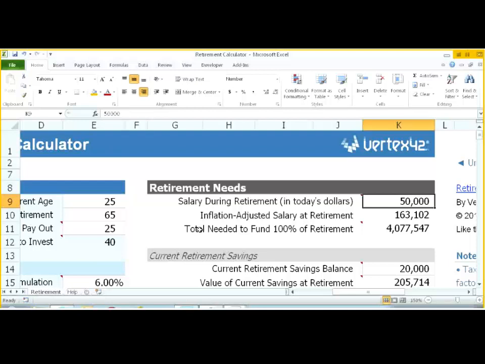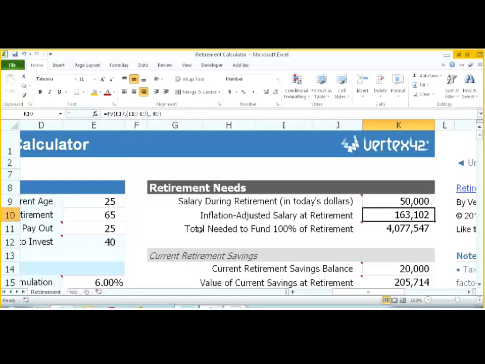A lot of people say 80% of what you're making, because there are expenses you don't have to pay when you're not working, like traveling to work, eating out for lunch, and buying clothes appropriate for work. So there are certain expenses you don't have in retirement that you would have in normal life. In this case, it's assuming the same value.